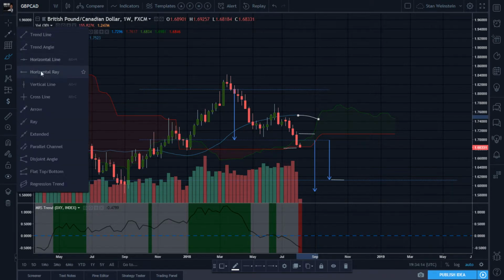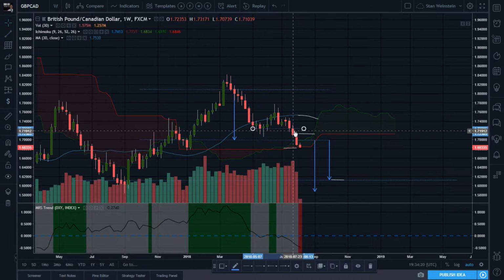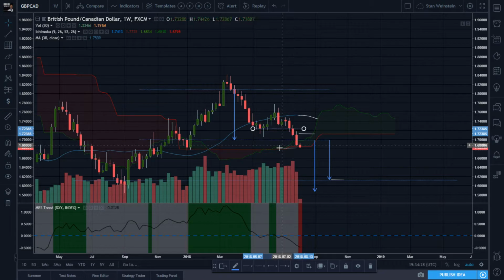So even if we had a start of a breakdown here from this pattern, we still haven't had the decline in the moving average. You want that trend to start going in your favor. We still weren't through the cloud, though we have increasing red candles, guys. So that's kind of nice.